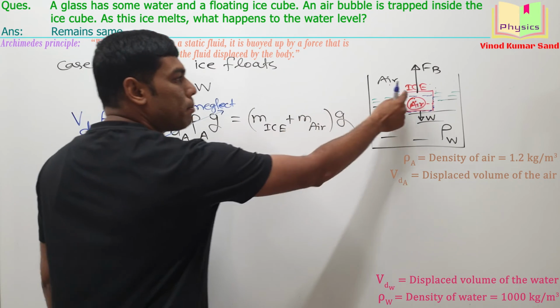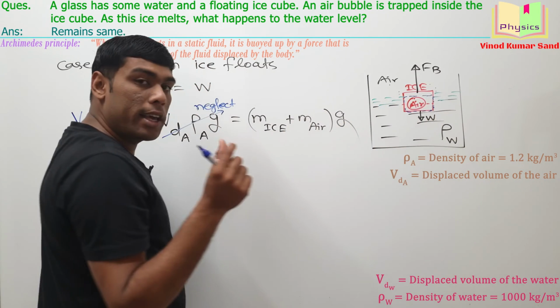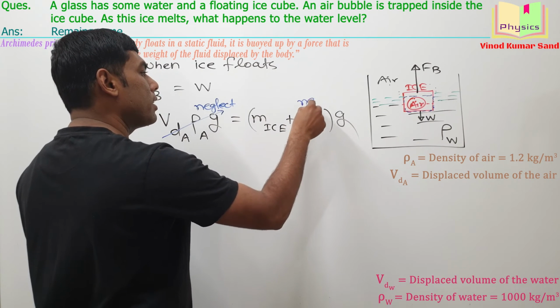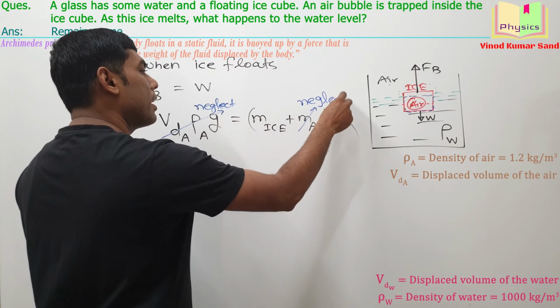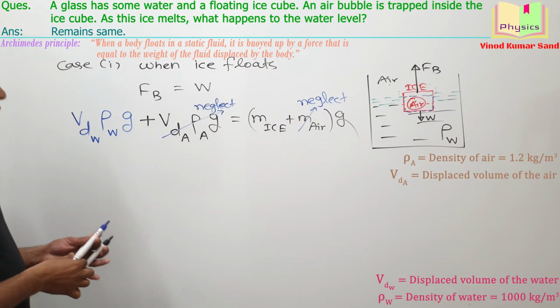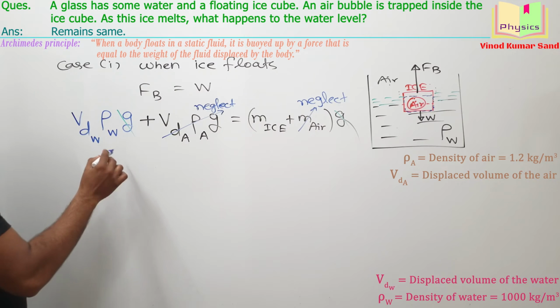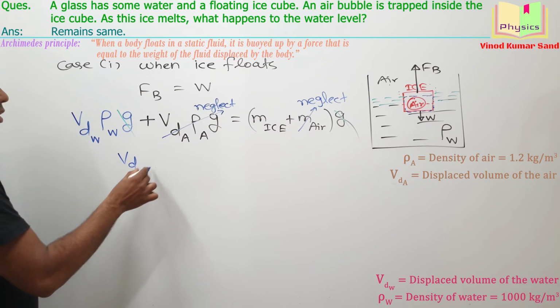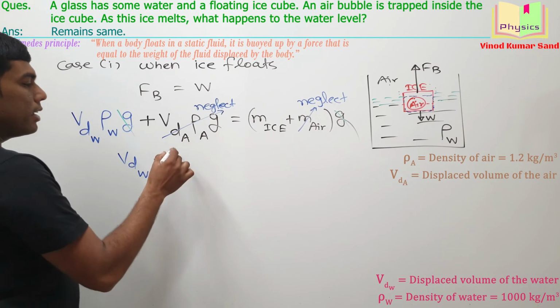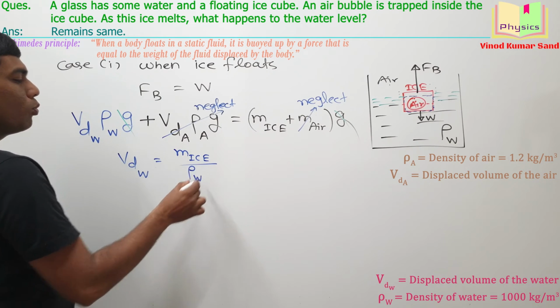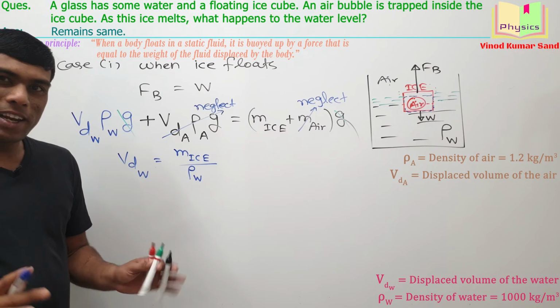If we compare the mass of the ice and the mass of the air pocket inside the ice, then the mass of the air pocket, the air bubble, is negligible. You get it? The g gets cancelled out. So we have the volume displaced of the water by the floating ice equal to the mass of ice divided by rho water. Pretty clear?